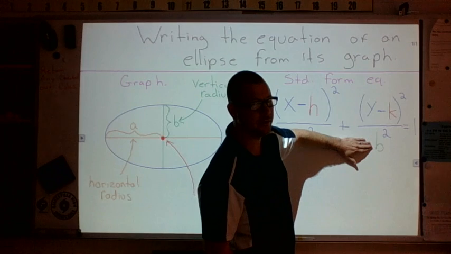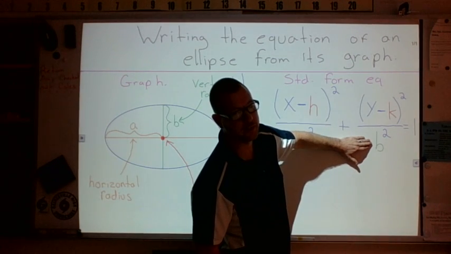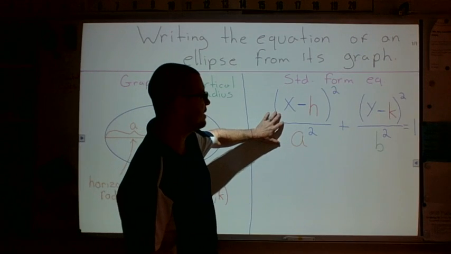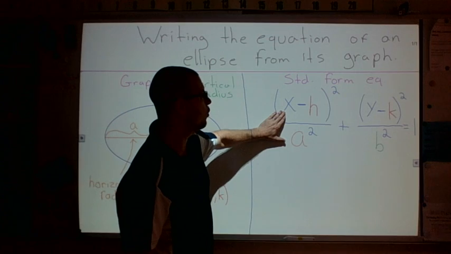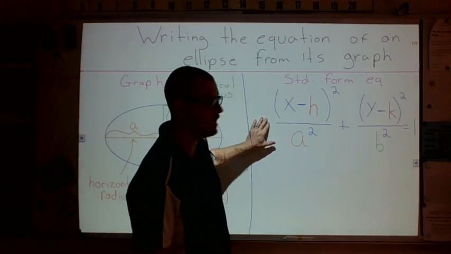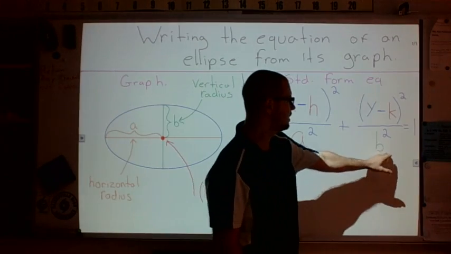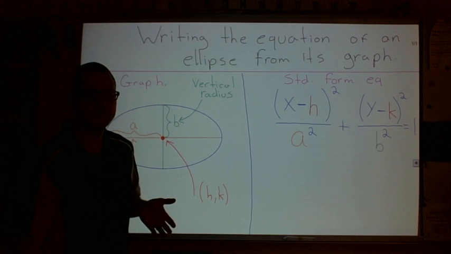And this denominator under y tells me the vertical radius. So I can see from the equation that all I have to do in order to go from the graph to the equation is identify the center and the lengths of the horizontal and vertical radius.